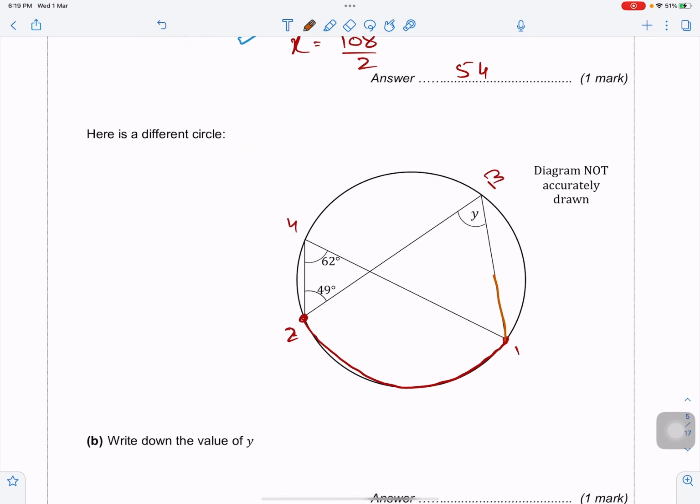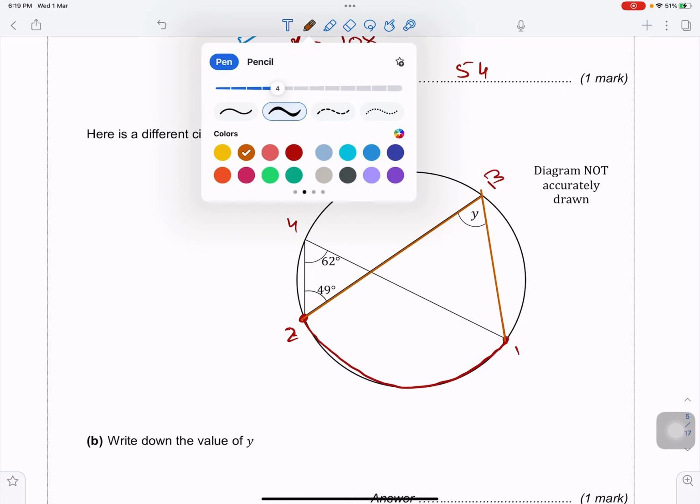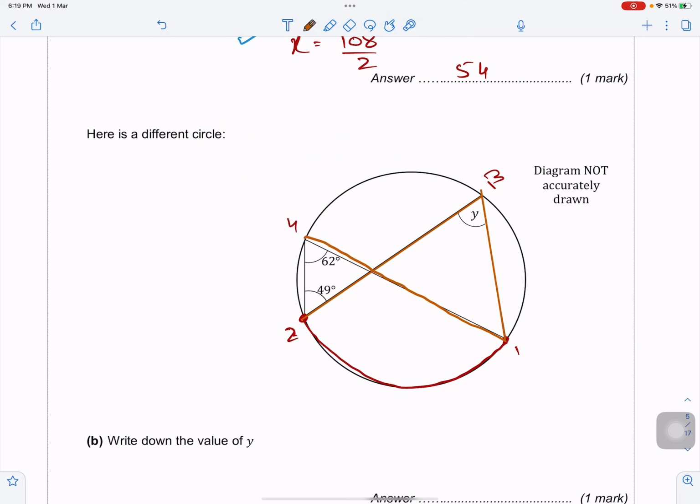So if I draw a straight line from 1 like this, and from 2 like this, similarly if I draw to this side, from 1 to 4, it is here, and then from here to here. So if this is 62, this is also 62. Make sense? Nothing to do at the moment for 49, but just telling you what y will be. y will be 62. And what is the reason? Angles in the same segment.